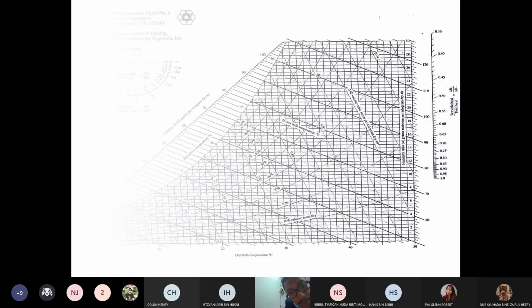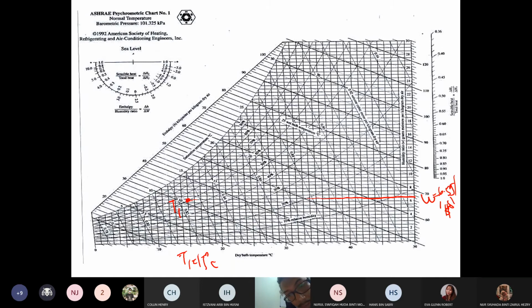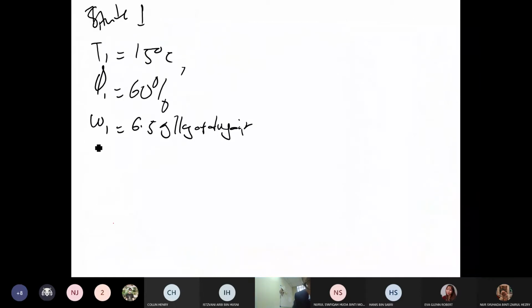Are you following me? Yes, sir. Okay. Then you draw across here and you can see the enthalpy, H1, is equal to 32 kilojoules per kilogram of dry air.